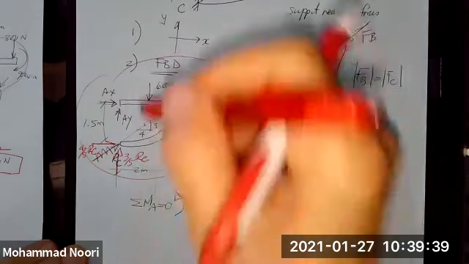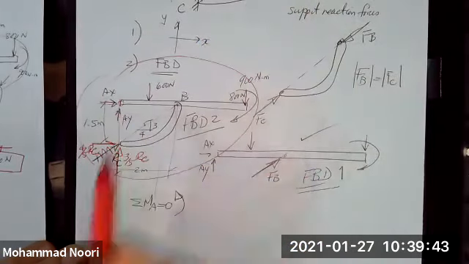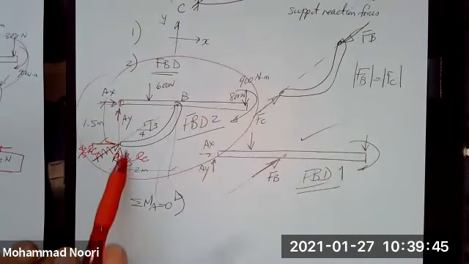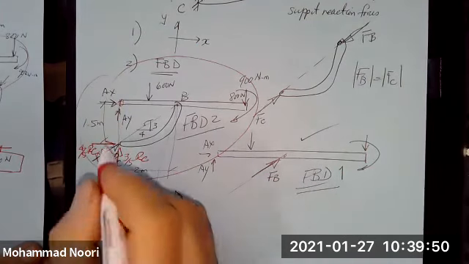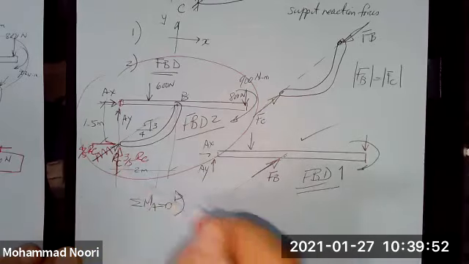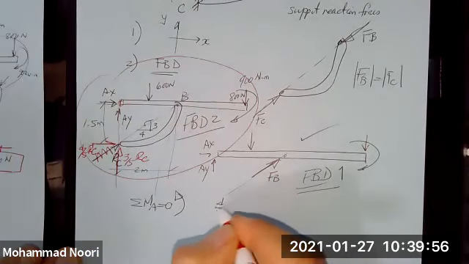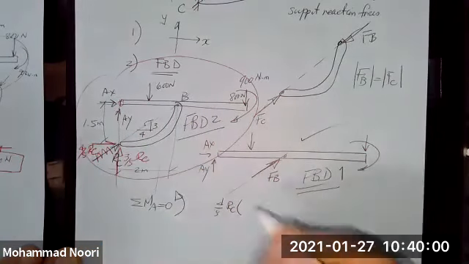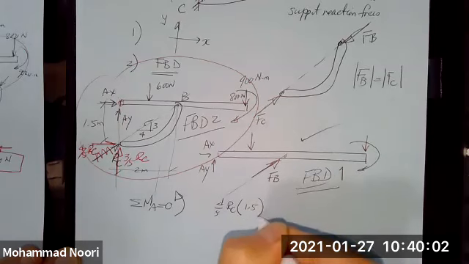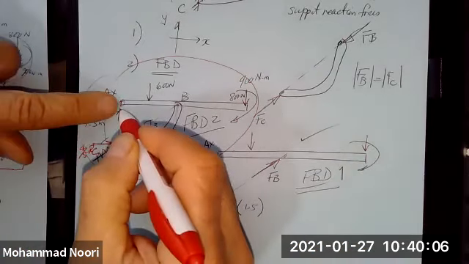So if I take summation of moments about A, these two unknowns and the component of RC here will go through A. So only this force generates a positive moment. I have 4/5 RC times the vertical distance, 1.5. Then there's no other unknown.